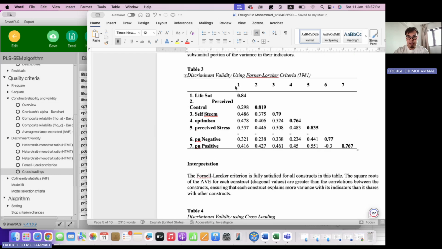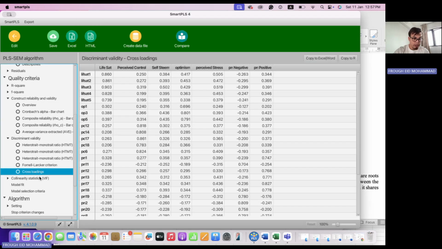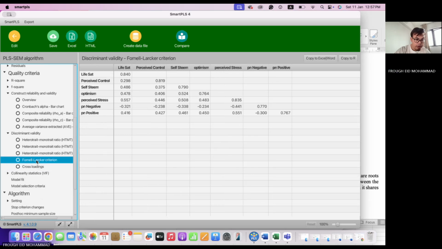The next one is the Fornell and Larcker criterion. The Fornell and Larcker should be here. This is the table of discriminant validity using the Fornell and Larcker criterion.